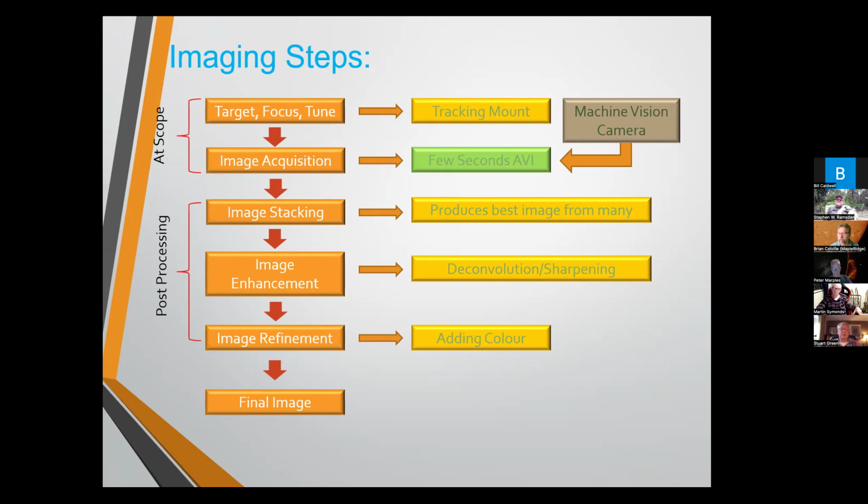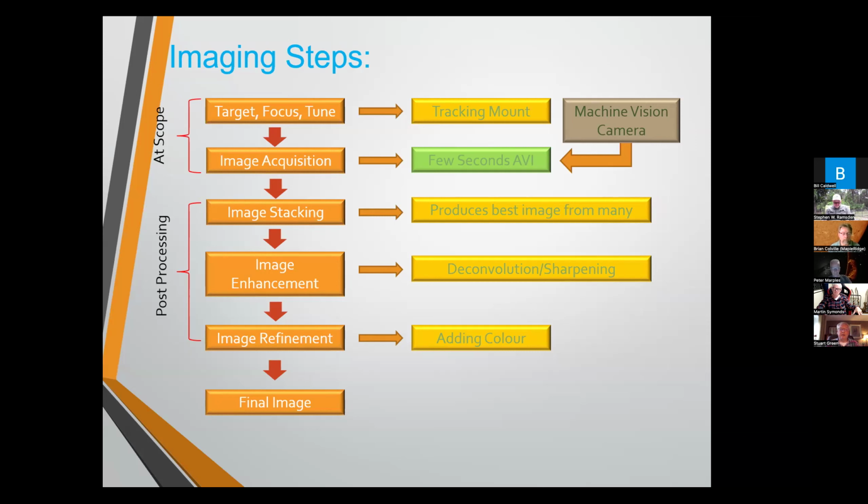So that's at the scope, and then post-processing. It really involves image stacking. So you take the video and use stacking software to select the best images and create one overall best image, if you like, from that stack.